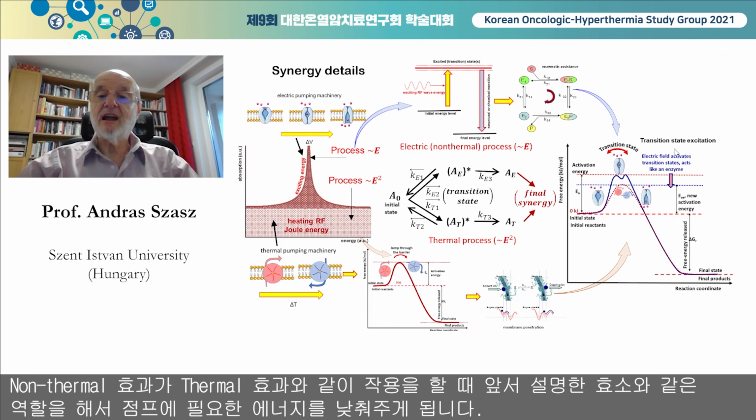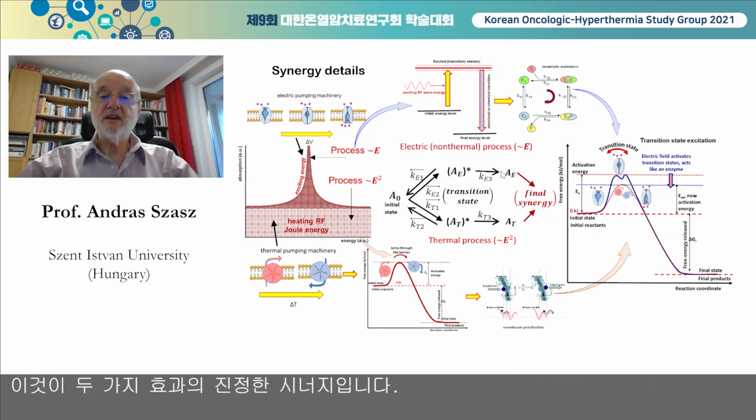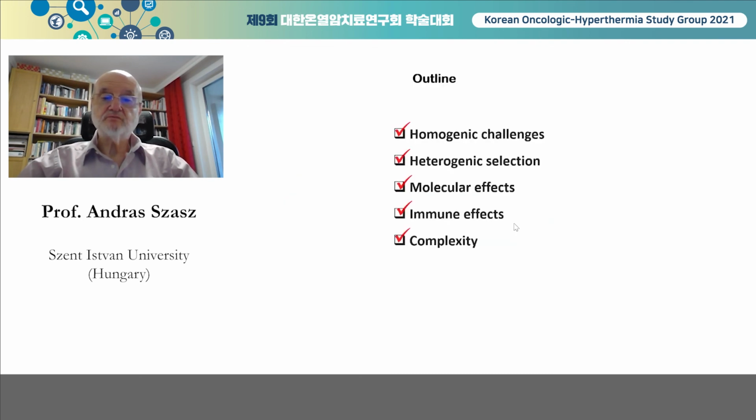So we can call this effect an electric field enzymatic process, as it works like an enzyme. And this is the main point of the synergy, and the final effect is really the effect of the synergy. So we have a complex result which is much more effective than any of the parts, the non-thermal or thermal effects.